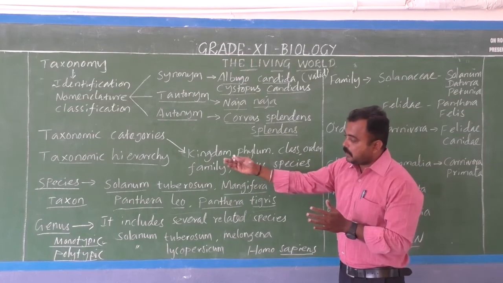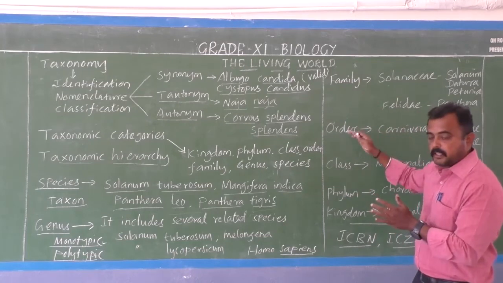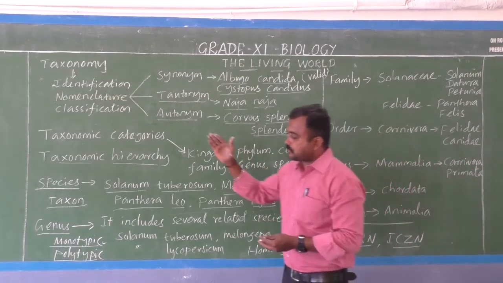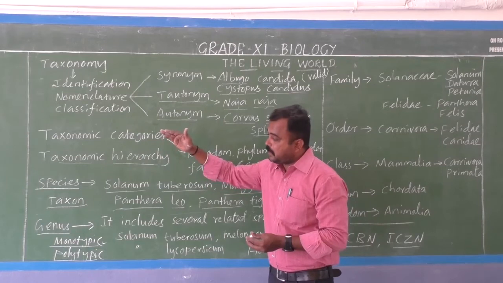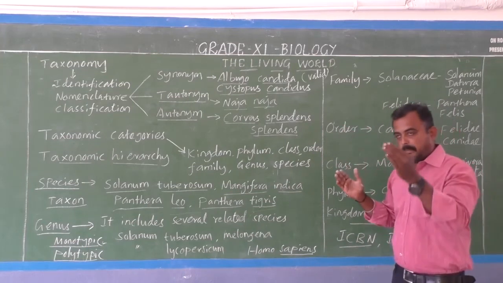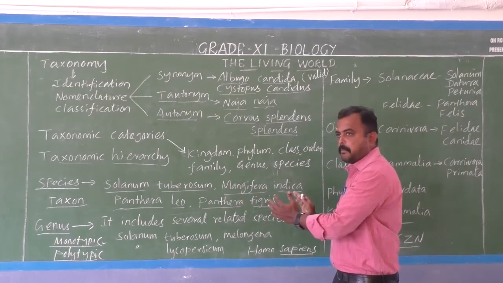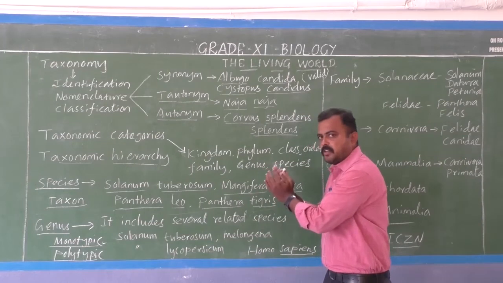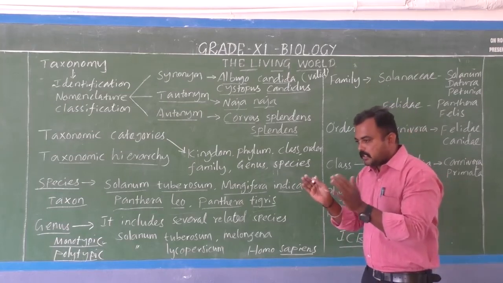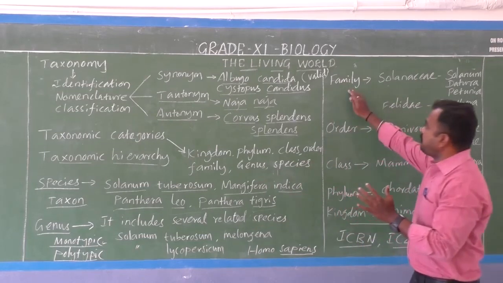When you go from the smallest unit to the big unit, the common character is less. That's why the hierarchy starts from the smallest to the highest. Because here you see tuberosum, lycopersicum, melongena, these are all species which have a common character. So we keep them in the genus. So different genera which have some common character are placed into the family.